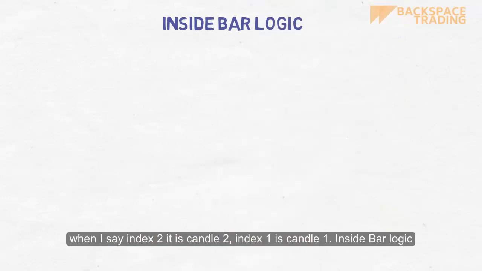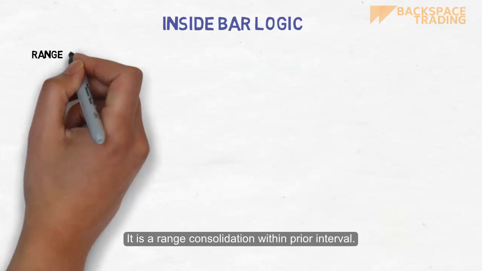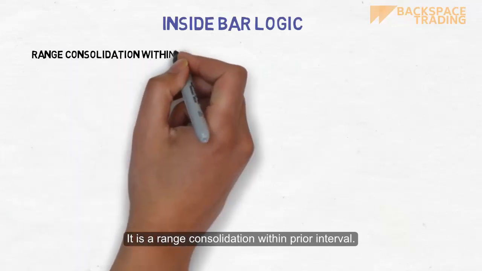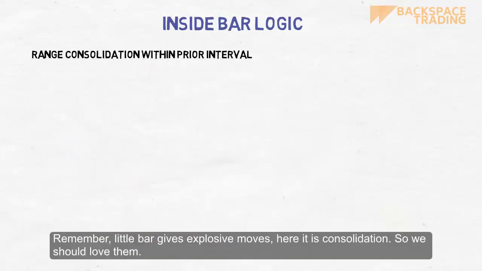Now the inside bar's logic, let's see that. It is a range consolidation within a prior interval. Remember, little bars give explosive moves. Here it is consolidation, so we should love them.